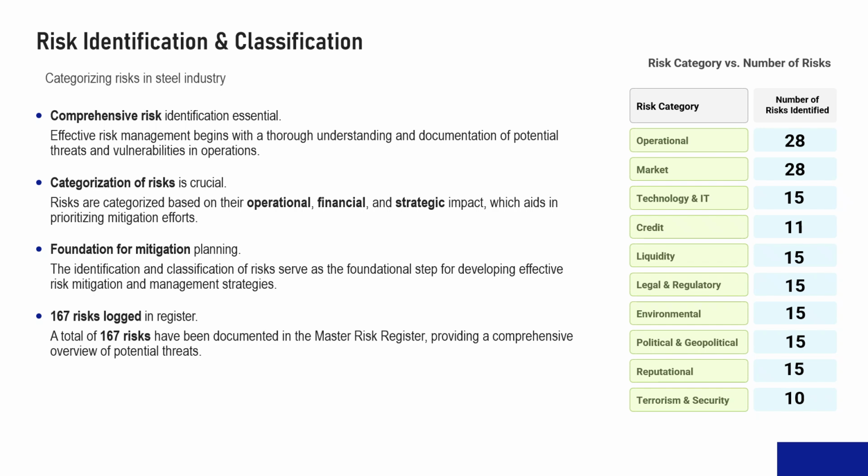This step forms the foundation of the entire risk management process. In the table on the right side, we can notice the risk categories like operational risk, technology, credit, liquidity, etc., and the number of risks identified. The total of the risks, as we mentioned before, is 167.